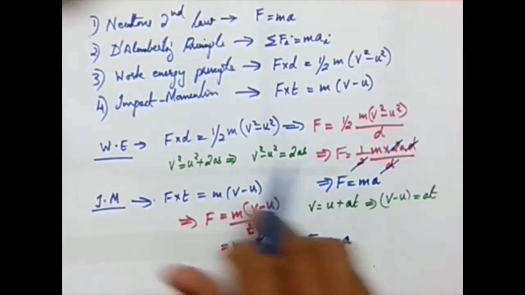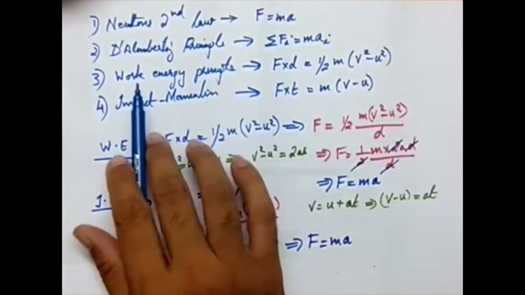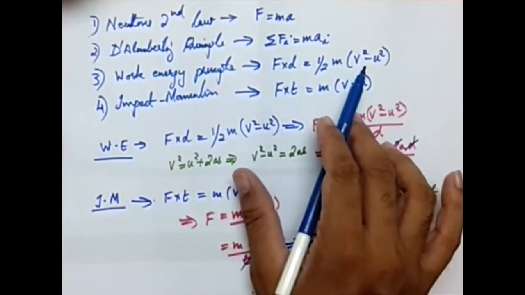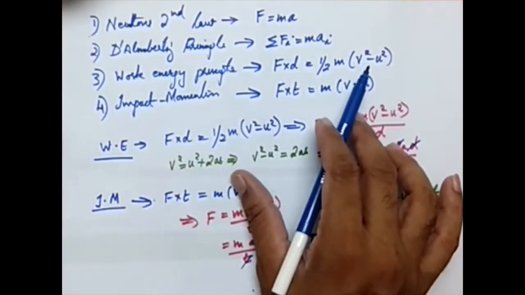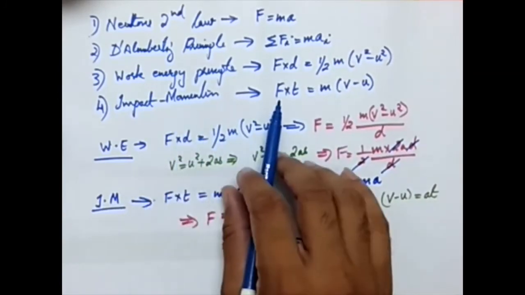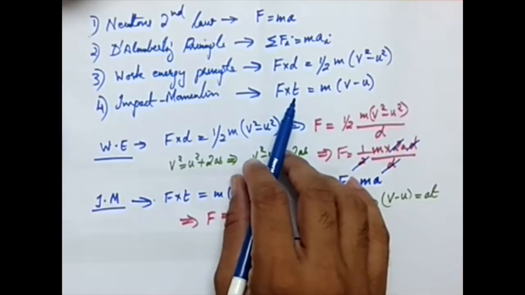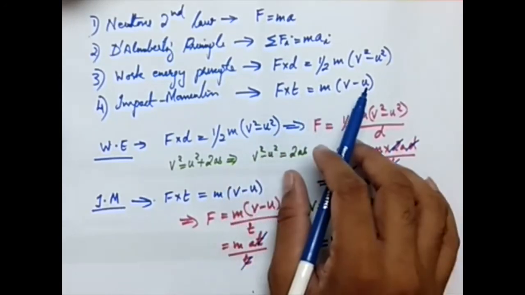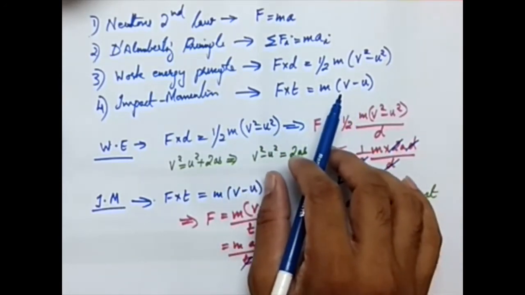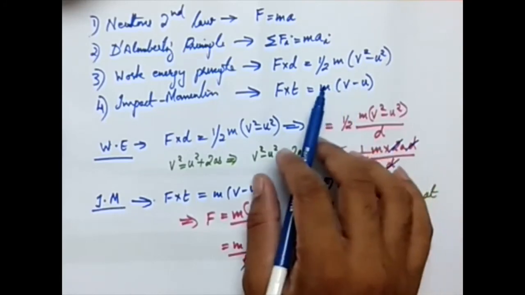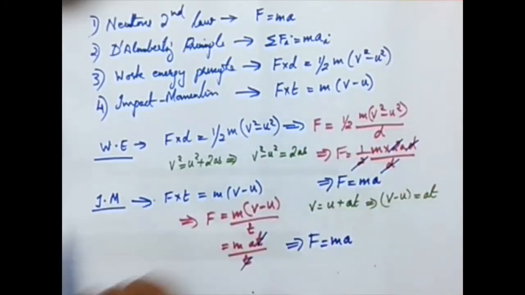In one case, we are representing the left hand side as work and the right hand side as change in energy. In the other one, the left side is impact, which is force times the duration of the impact, given by mass times change in velocity, which is the change in momentum.